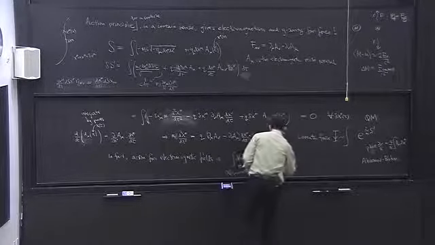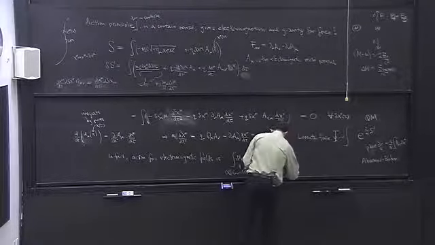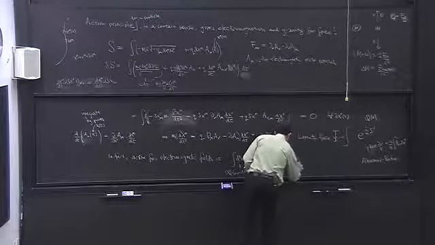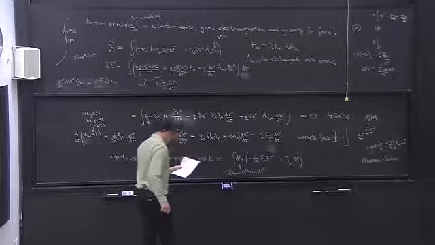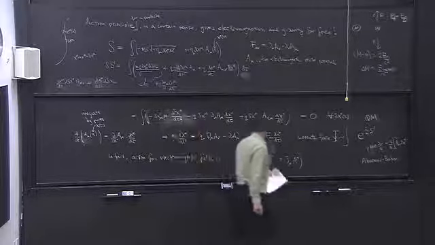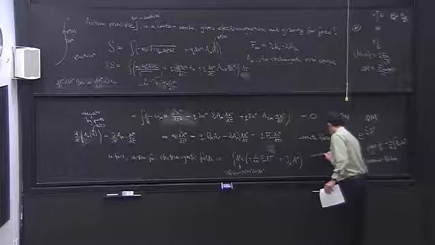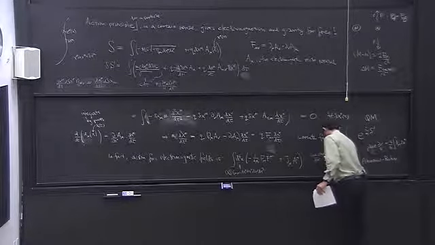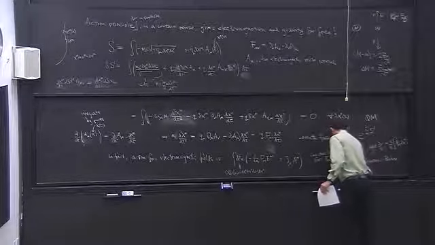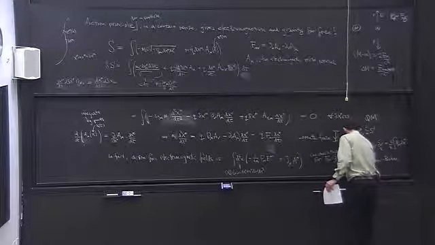And then we have to put the current in, J mu A mu. And you can check that for F mu nu equals d mu A nu minus d nu A mu.